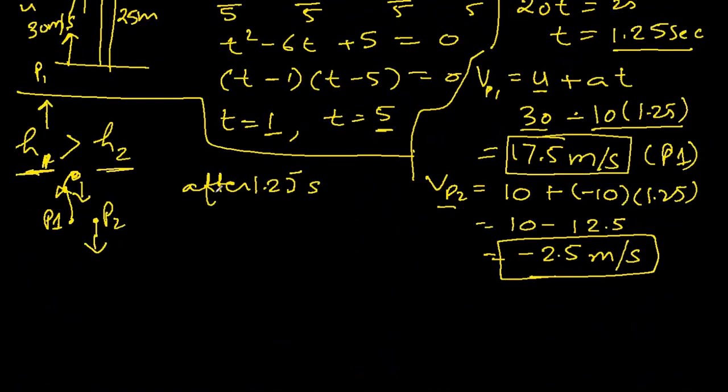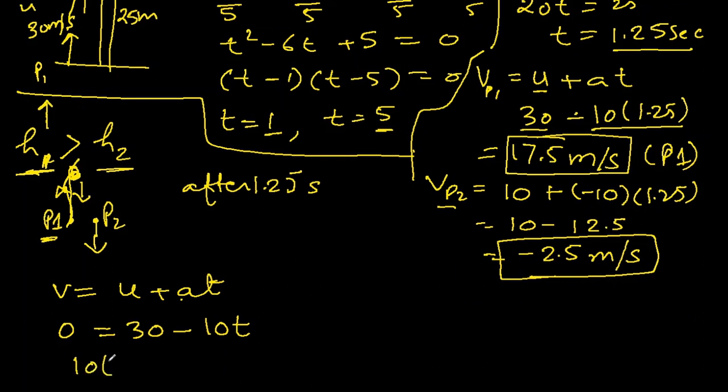So if we find when it stops, that is our second limit of the time. So V equal to U plus at, right? When it goes up and stops, its velocity will be 0, for P1 I'm talking about. Equal to U, which was 30, and we know that acceleration is minus 10. So 10t equal to 30, where t is 3 seconds.